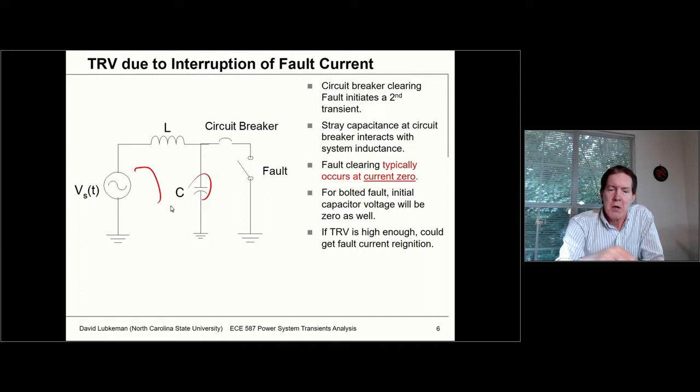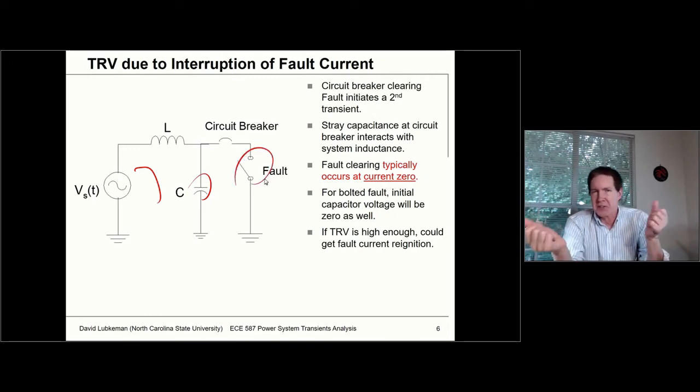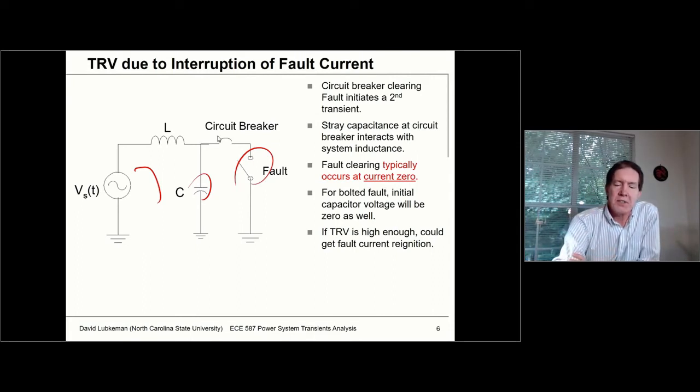When the fault clears, it's going to be typically clearing around a current zero or close to a current zero. In this situation, if it's a bolted fault, and by a bolted fault I mean it looks like I have a piece of wire out in the field, that's going to pull the capacitor voltage pretty close to essentially zero.